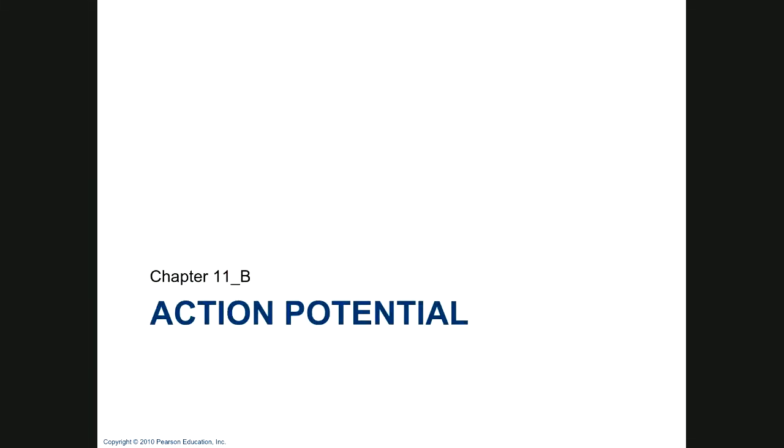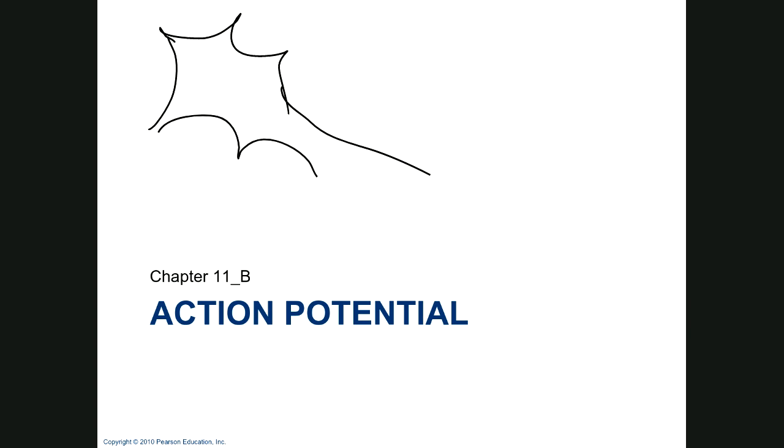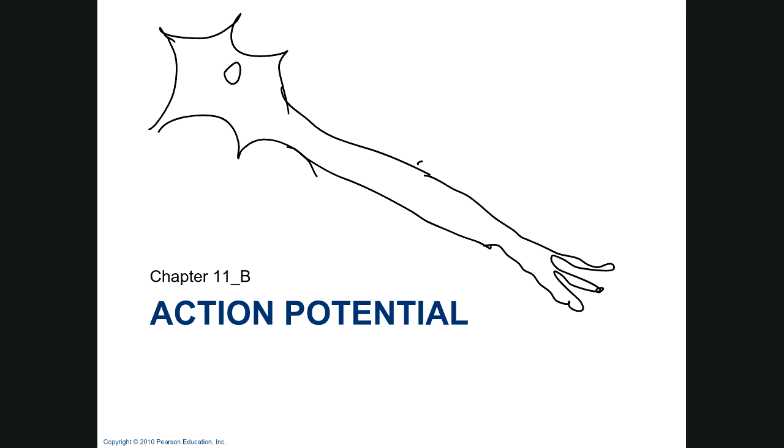All right, so what we have is a neuron that is receiving a stimulus. And again, the stimulus can be something like a chemical that arrives at the neuron. The chemical can be a neurotransmitter that is being released by another neuron in the pathway.